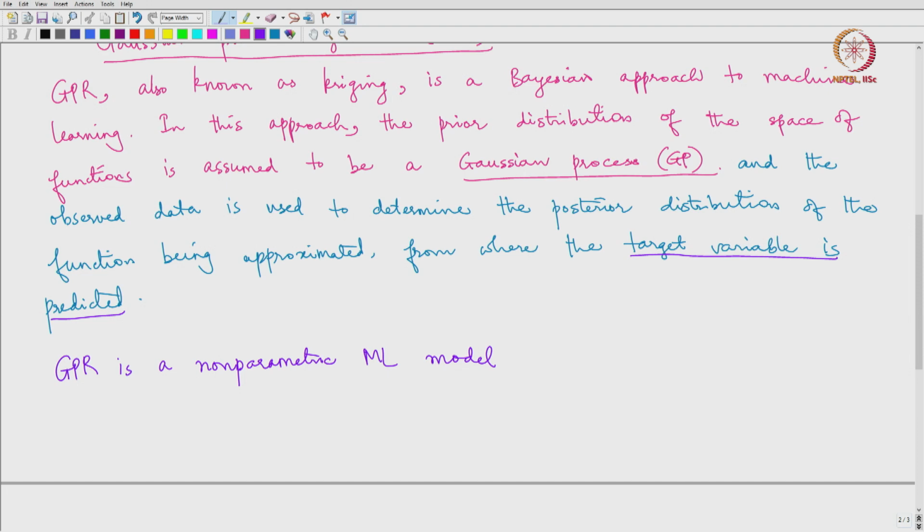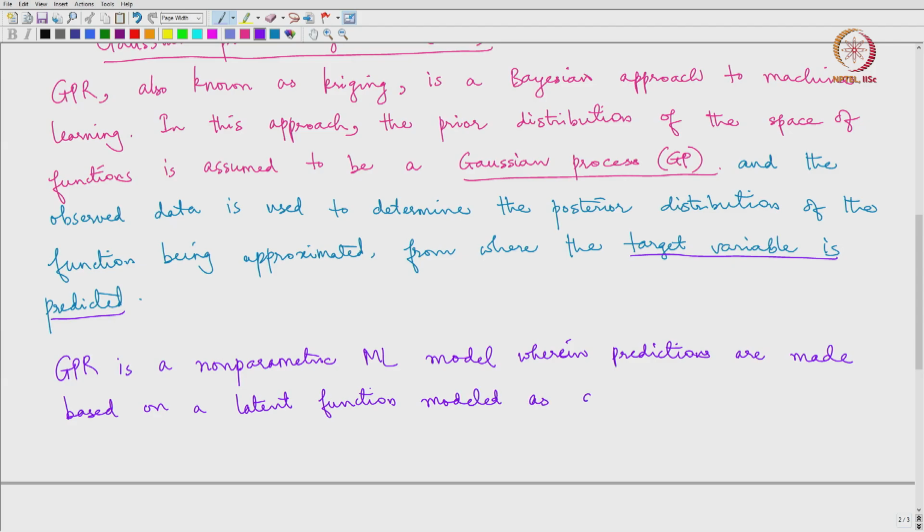So, it is a non-parametric machine learning model wherein predictions are made based on a latent function, the hidden function that is being approximated, which is modeled as a Gaussian process. Okay, so, this is the very short description of Gaussian process regression.